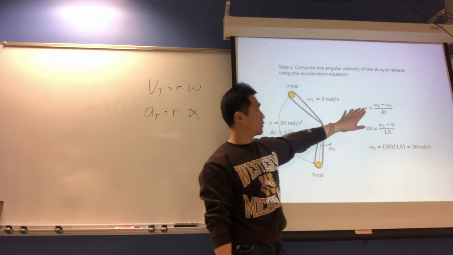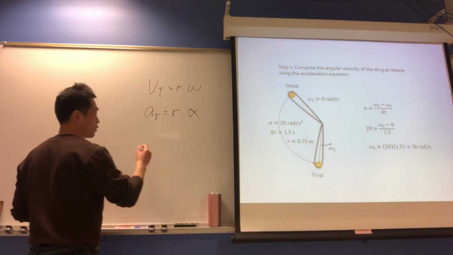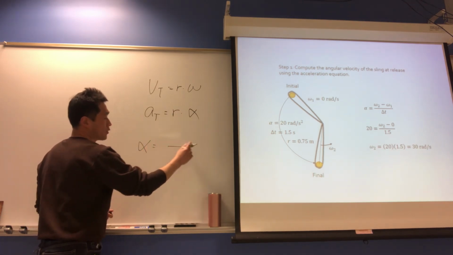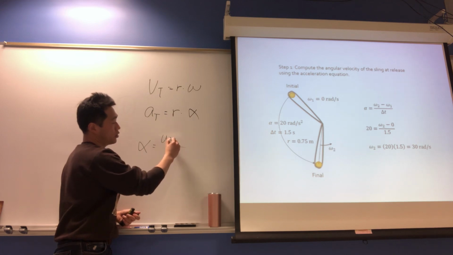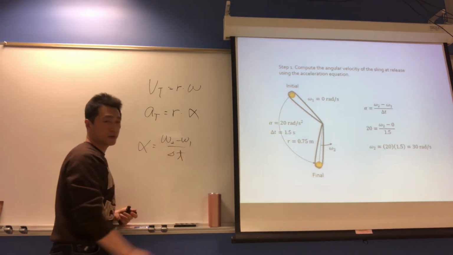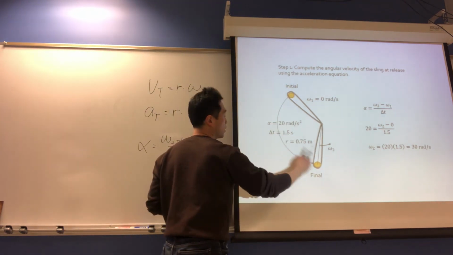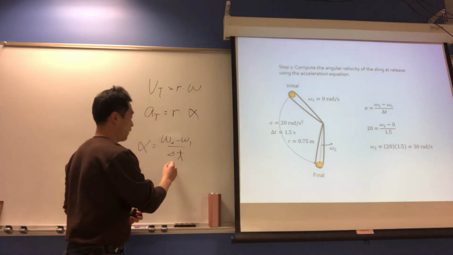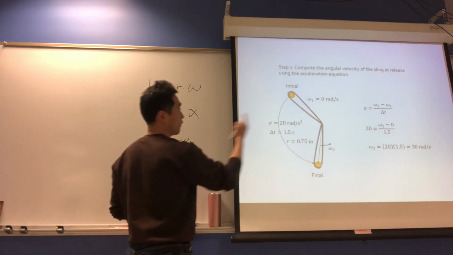Okay, and then this angular acceleration equation. As you learned, alpha is equal to the rate of change in angular velocity, which means the change in angular velocity over the time elapsed. The time taken is 1.5 seconds, and the initial angular velocity is 0.